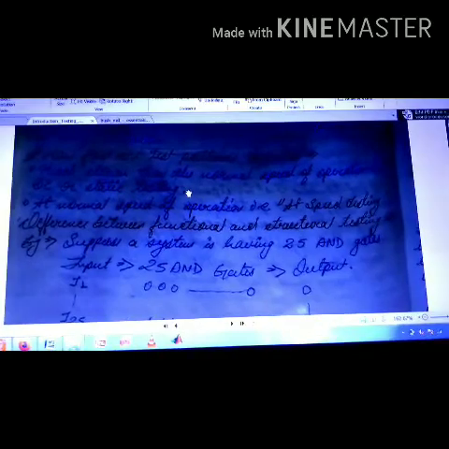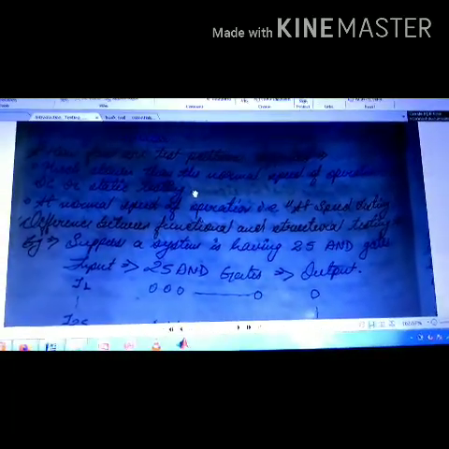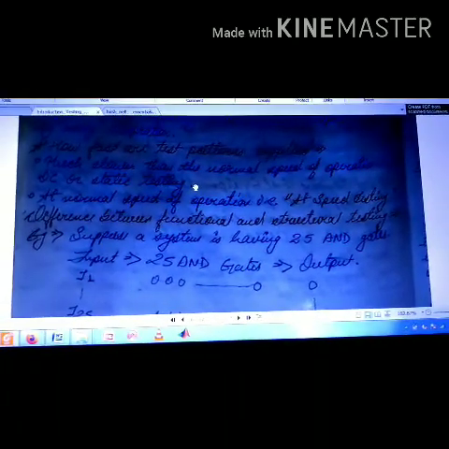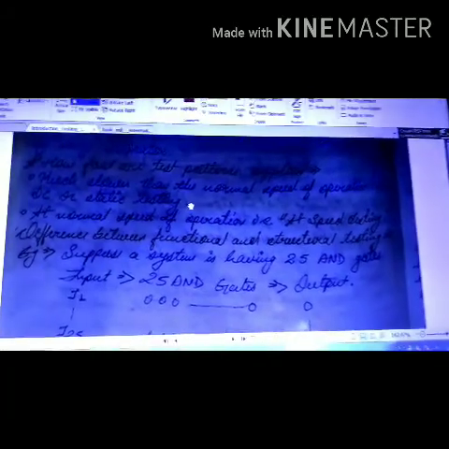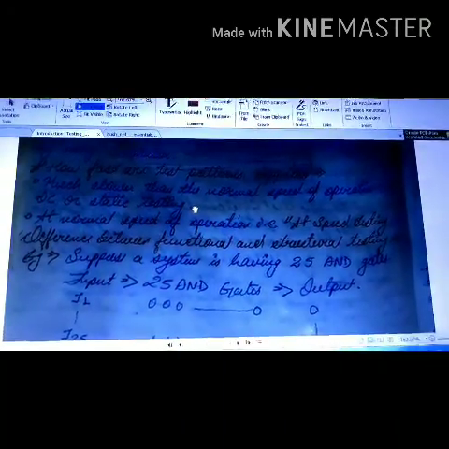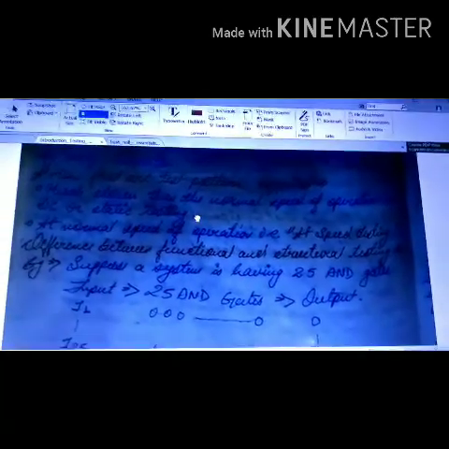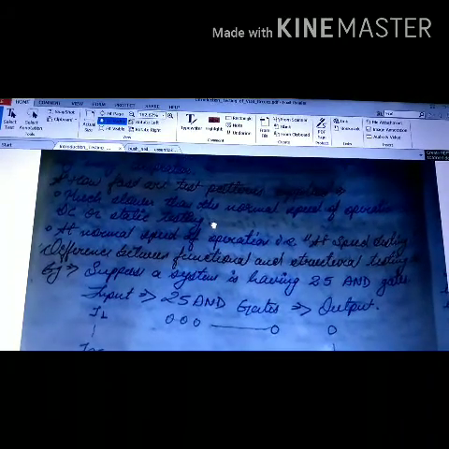which is the difference between functional and structural testing. Okay, so functional testing covers all the functions that take place in the ICs, boards and whatever. Each and every pinpoint is tested, and it may take a very long time.